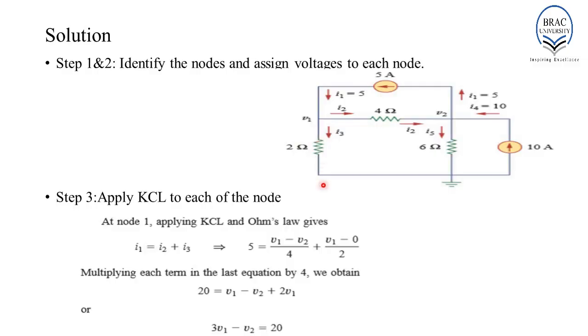Now, again applying Ohm's law, we can determine the current I3 which is flowing through this resistor, and that is equal to V1 minus 0 divided by 2. Rearranging this expression, the final linear equation which we will get is 3V1 minus V2 equals 20.